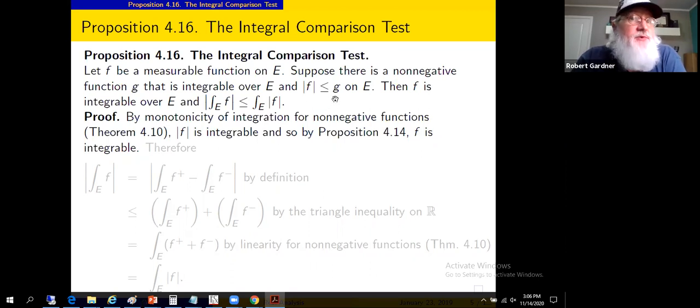Both of these functions are non-negative functions. They're class 2 functions, so we had monotonicity. I guess it was Theorem 410 that gave us the monotonicity in that class of functions. So we get that the integral of the absolute value must be finite. In other words, f itself is an integrable function.